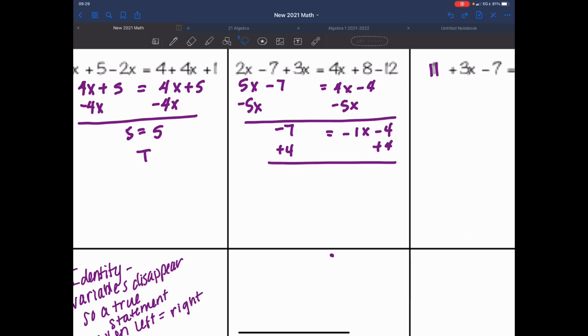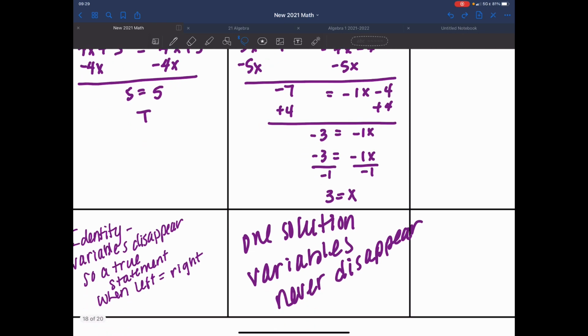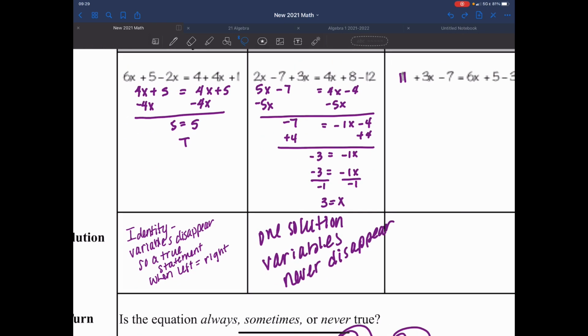Add 4 to both sides. I get negative 3 equals negative 1x. A variable cannot be negative, so you want it to be positive, because you're looking for a positive variable solution, not a positive number. So we divide both sides by negative 1. So I get x equals 3. For this one, you're saying that you have one solution where the variables never disappear.